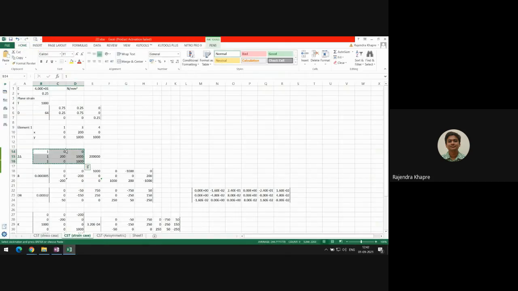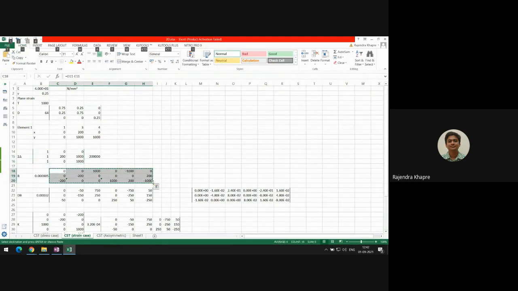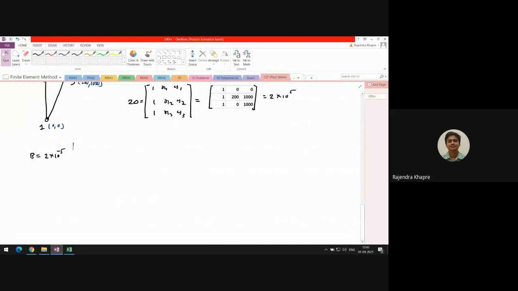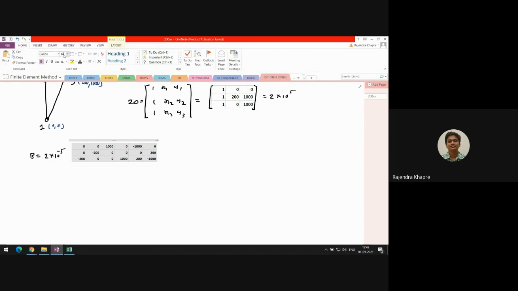If you substitute the values of B1, B2, B3 and C1, C2, C3 the way we have done for element number 1, you should be in a position to get values something like this. So this is your B matrix for this element. You can cross check all these calculations over here.